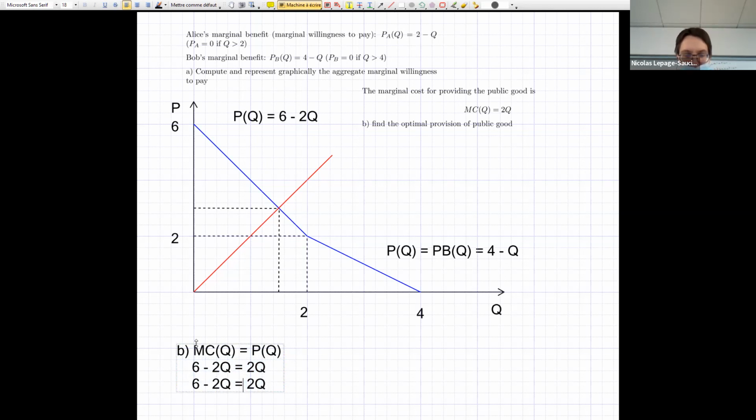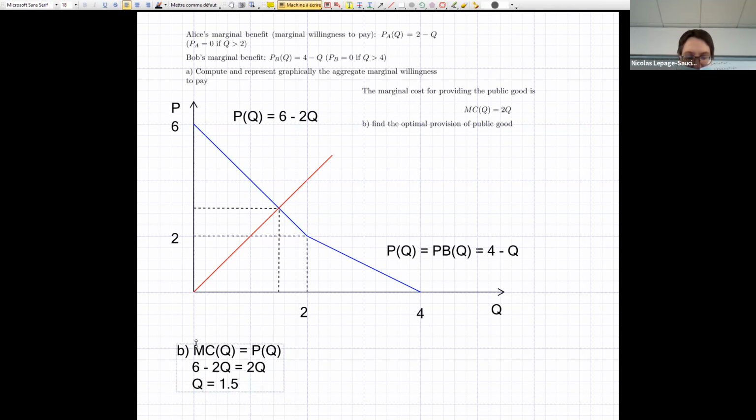Yeah, here I get 4Q equals 6. So Q equals, oh yeah, no, it seems good. Then I get Q equals 6 divided by 4, so that's 1.5.